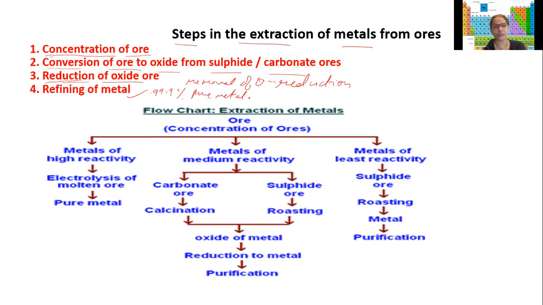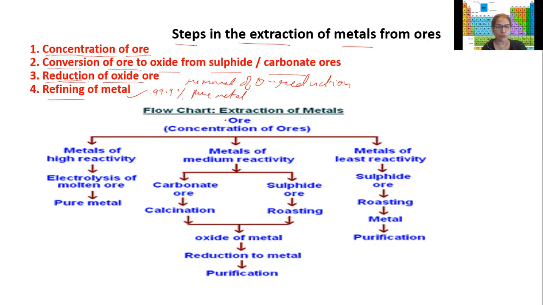Not that it's 90% pure, no. 99.999% pure it should be. Maybe 0.1 or 0.0001 impurity, it's okay. But they are looking for 99.99% pure metal, whoever is extracting. So refining of the metal is the last step.